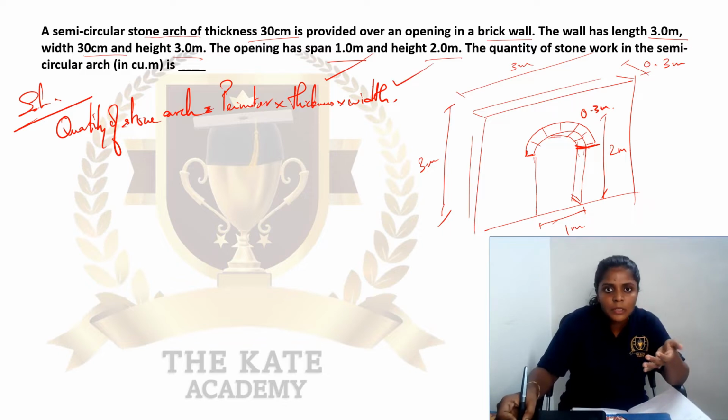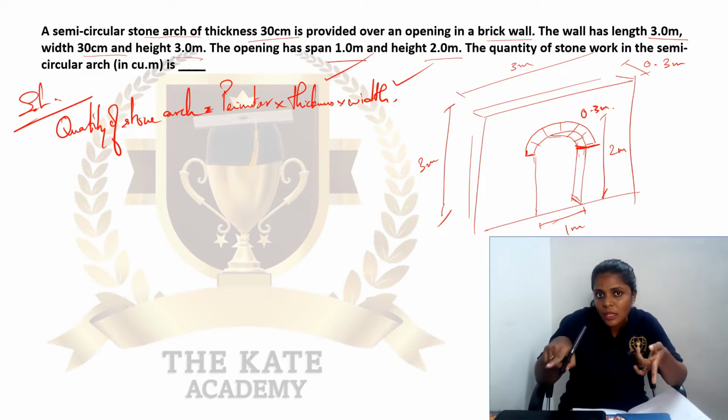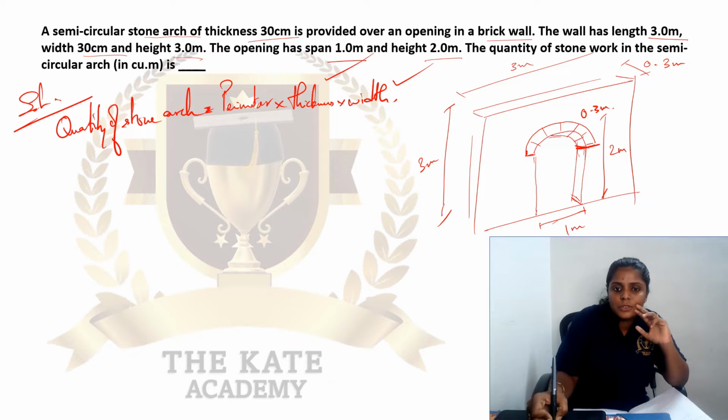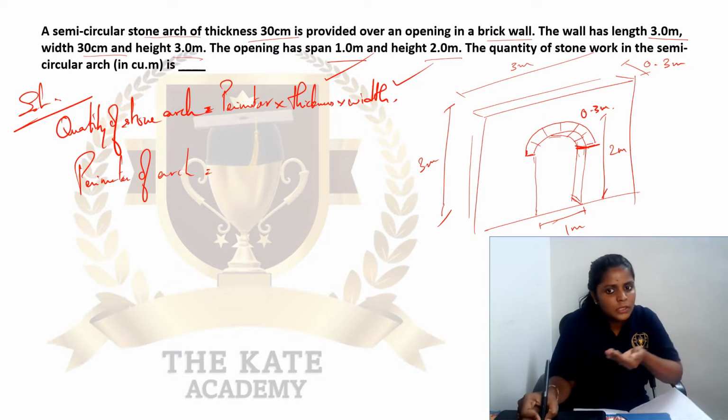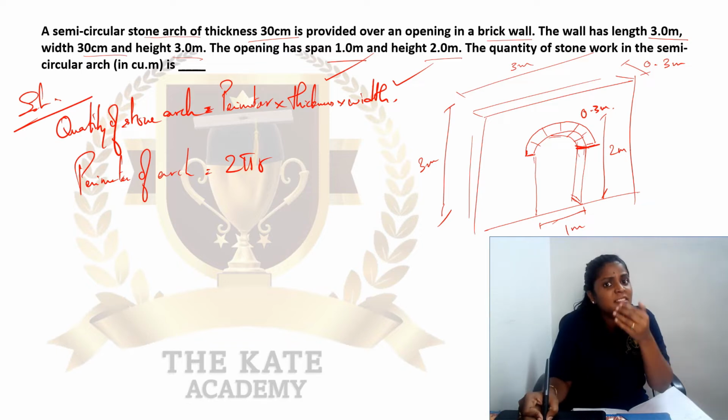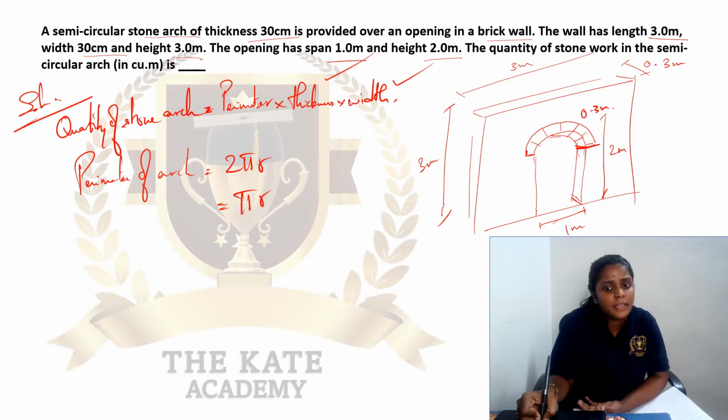Do we know the perimeter, the length of the arch? No, we don't know. So shall we call it perimeter of arch is equal to, perimeter of a circle is 2 pi r. For this arch then, it is a semicircle, then it is just pi r, right?